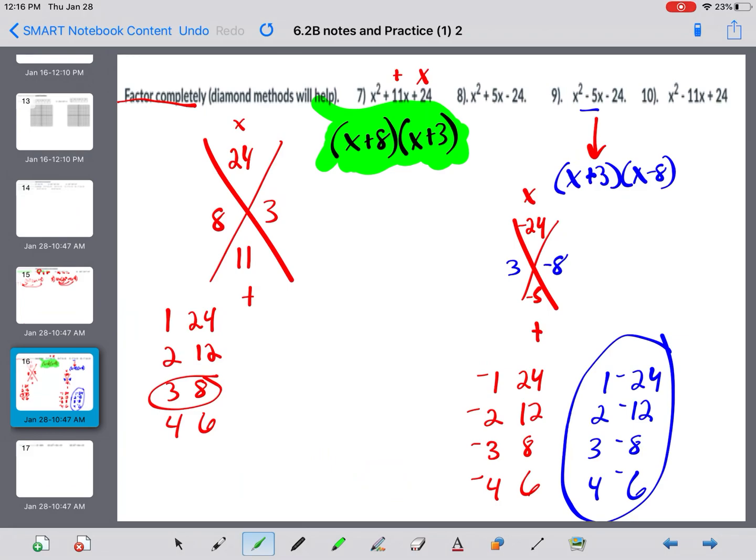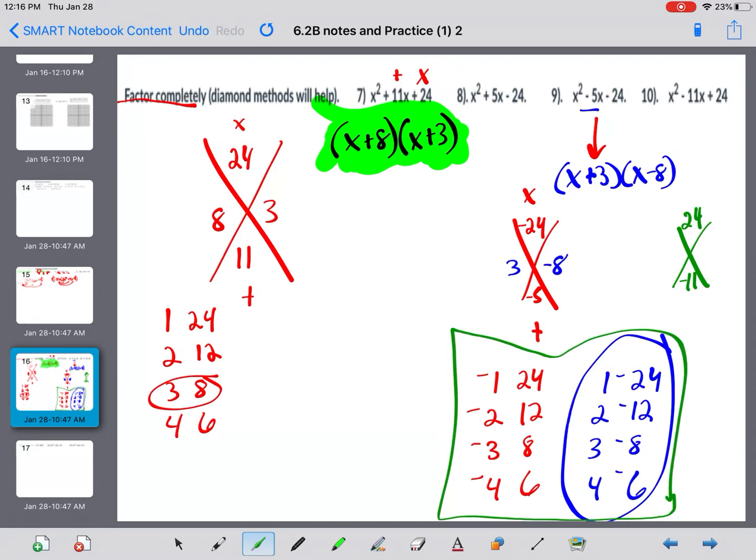I have factored it. Lastly, numbers that multiply to 24 and add to negative 11. Now, here in red and blue in this box are the ways to multiply to negative 24. Let's change it back to multiplying to positive 24.